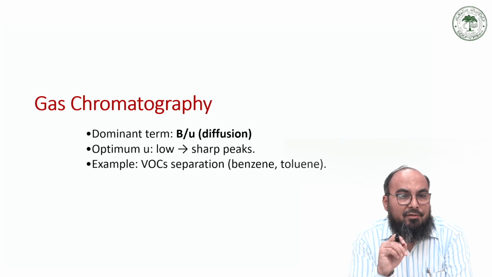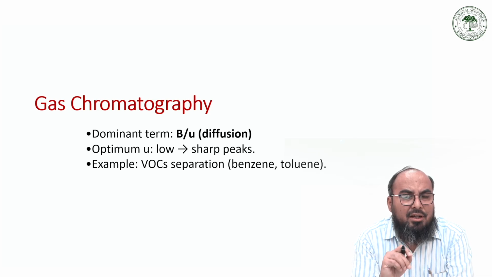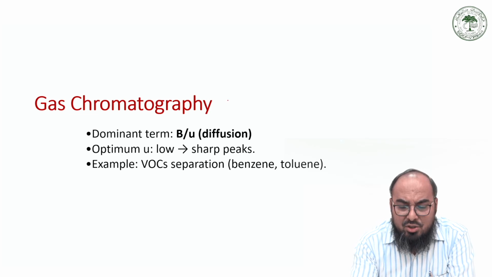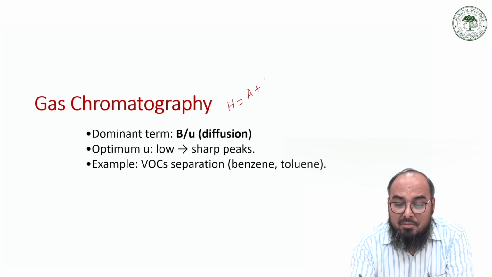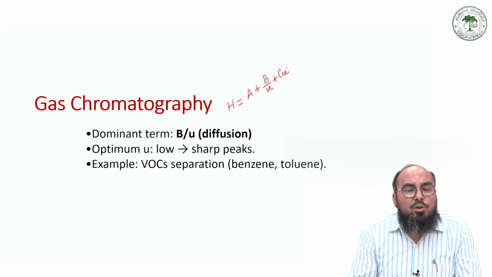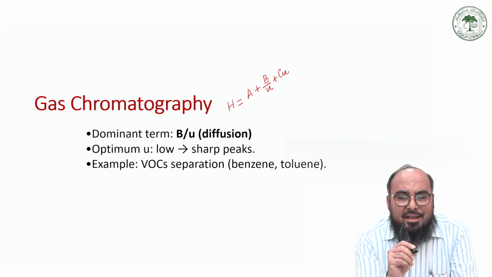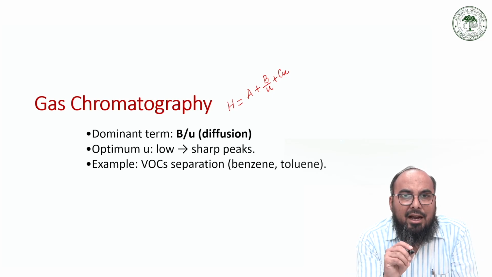Now in gas chromatography, the dominant term is actually B upon U. Let us see what happens to the Van Deemeter equation, H is defined as A plus B upon U plus Cu. In gas chromatography, your mobile phase is always a gas, and the solute is a volatile compound.